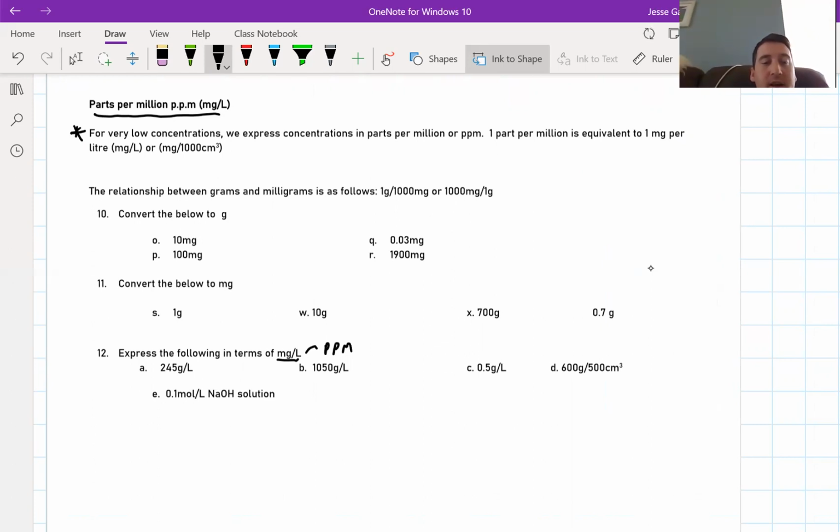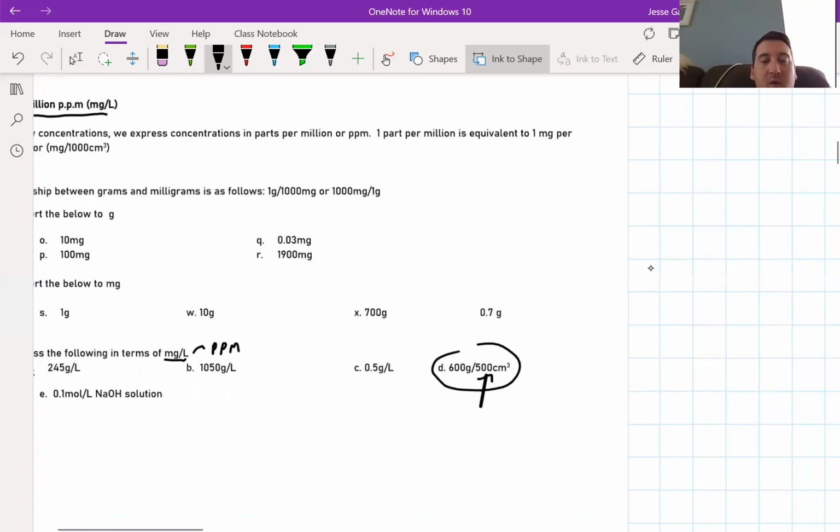All right, guys, part A, sorry, we've actually done that already. That was the example that I did. I think that most of them should have been pretty straightforward, with the exception of this one, being careful because we didn't have it in liters. We had to convert this to liters first before we continued on.